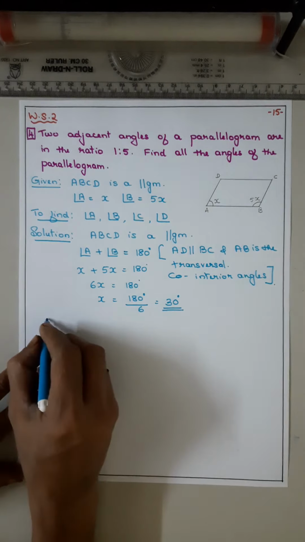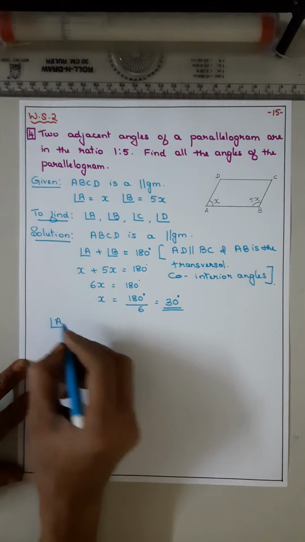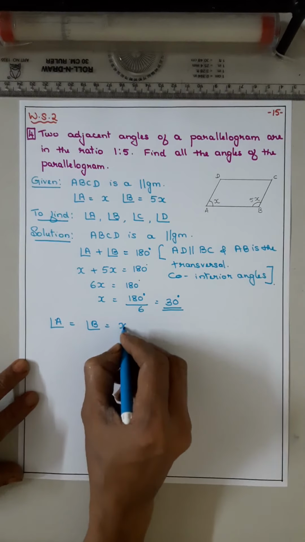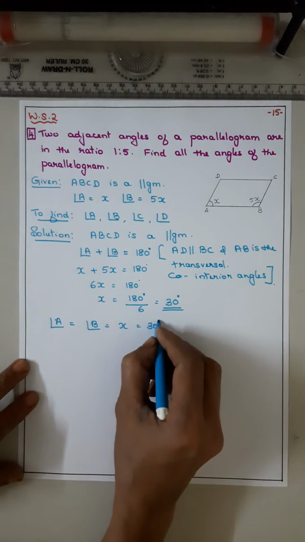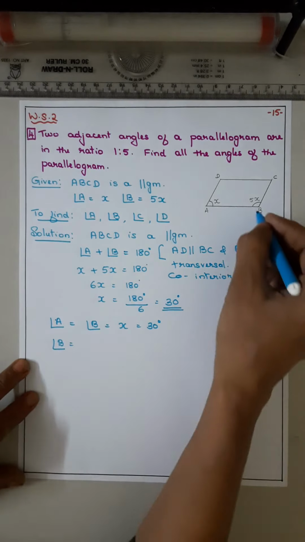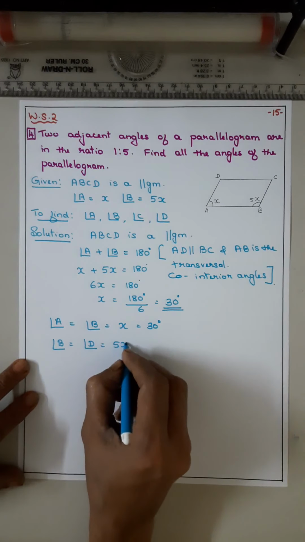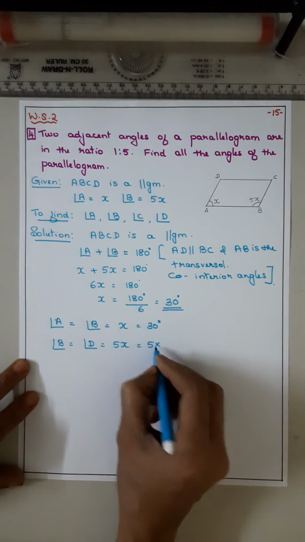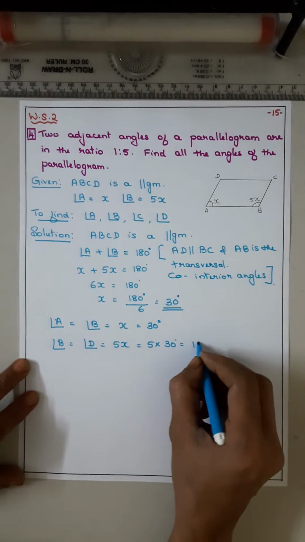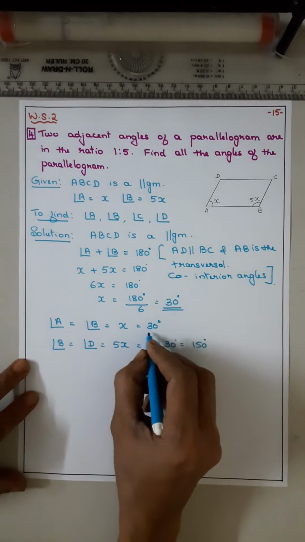So angle A is equal to angle C is equal to x, that is 30 degrees. Angle B is equal to angle D is equal to 5x is equal to 5 into 30, that is 150 degrees. Why?